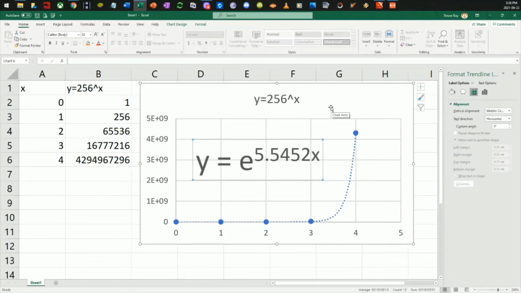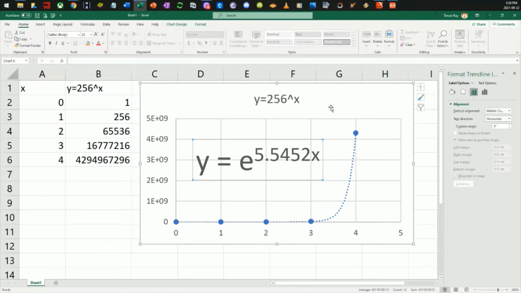So Excel chooses base e for all exponential functions. And that's one of the better reasons that you should at least know what it means. If you're ever trying to make a graph in here and get its exponent out, you can figure out what the equation is pretty easily, but you have to understand what the e is.